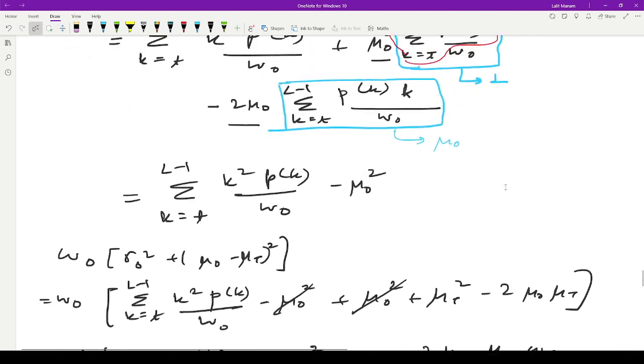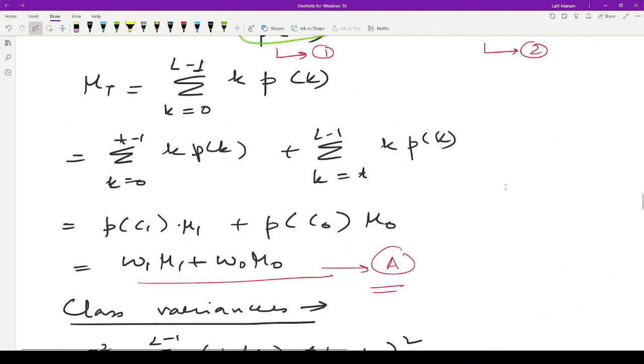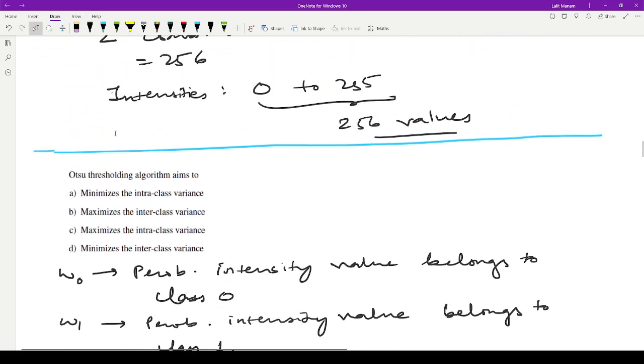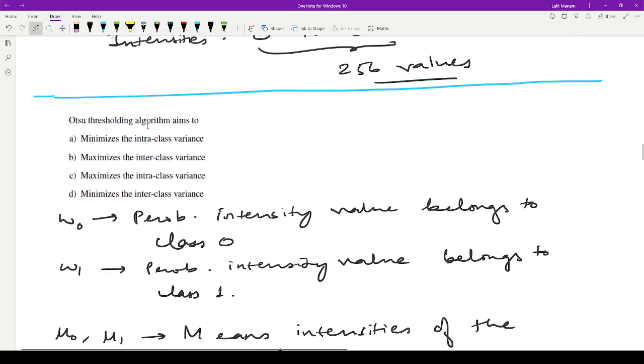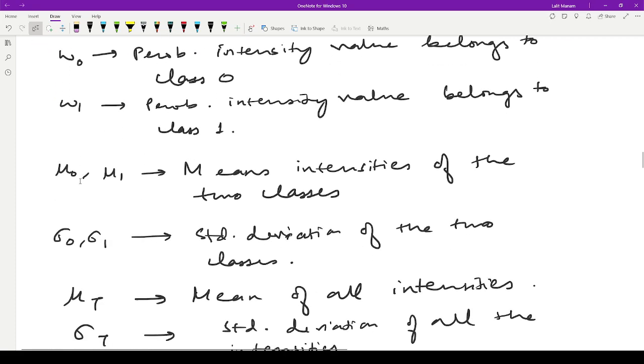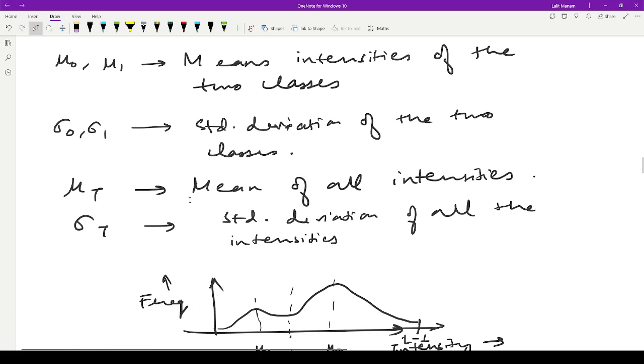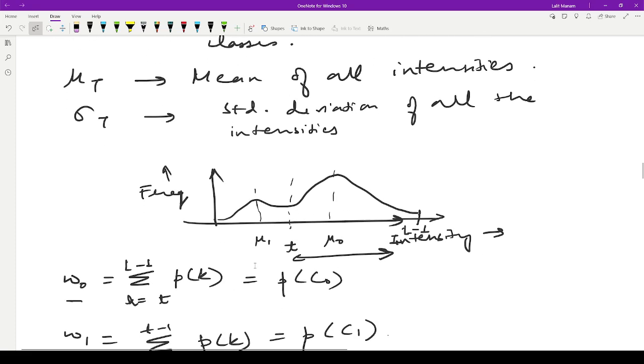Any doubts in this question, since it was kind of big? Our main question was just to understand what Otsu thresholding algorithm aims to do. Whether it minimizes intra-class variance, which is true, maximizes the inter-class variance, which is again true as we saw, maximizes intra-class variance, no, minimizes inter-class variance, no. So how did we try to prove it? We first defined the probabilities, the mean intensities and the standard deviations for the two classes and a total for the whole empirical distribution that we have.